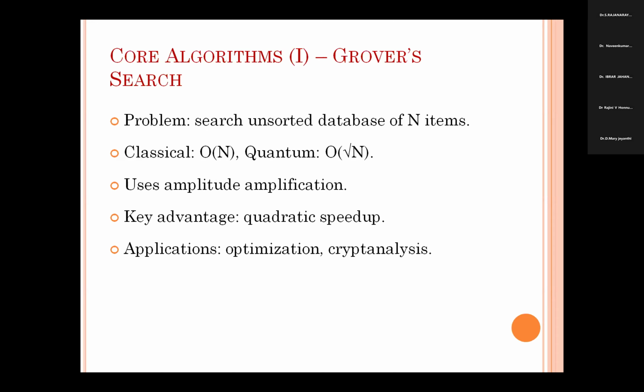All combinations and possibilities of values are combined and mapped together to get the accurate result. So a huge unstructured, unsorted database is handled with a quadratic speedup using Grover search. Then amplitude amplification, which uses Grover's diffusion operator, amplifies the probability amplitude of the target states.